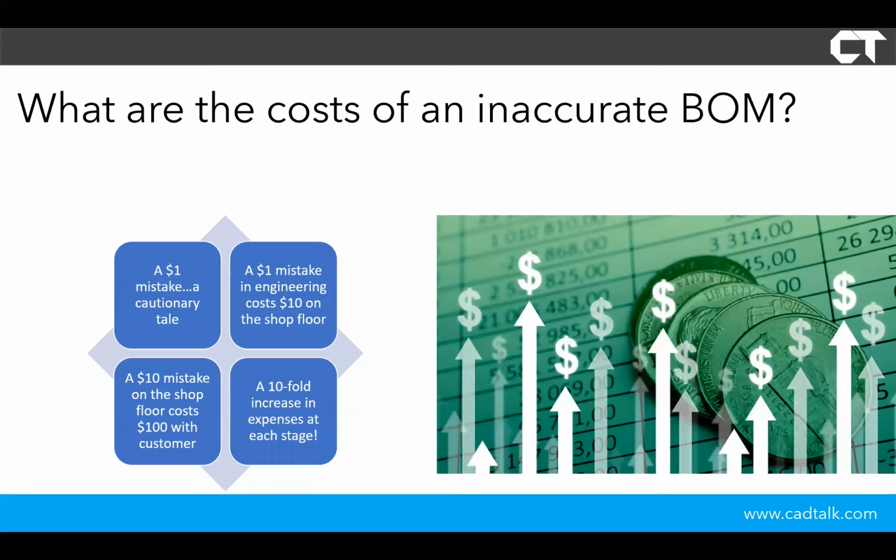Well, now you're talking about another $100 mistake because now the customer gets the product, it doesn't work, they have to call in. You have to send them something new, or worse, you got to send a technician out to fix the product. You got to ship the product back. You got to pay for that. So a small mistake has a tenfold increase in expenses at each stage.